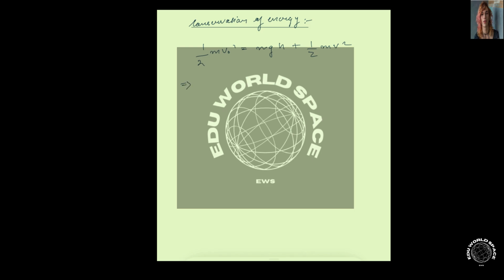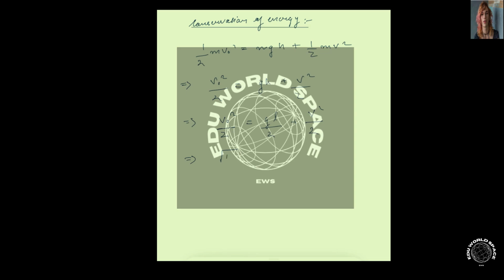Therefore v naught squared by 2 is equal to gh plus v squared by 2, cancelling m. I apologize for this, this will be v squared by 2 only because we are finding v.